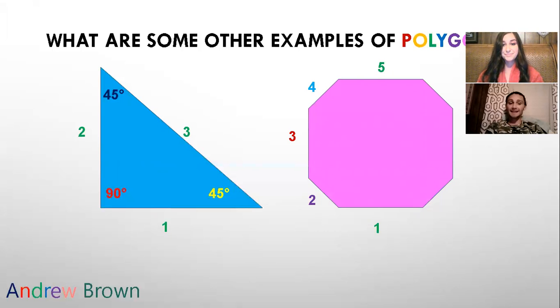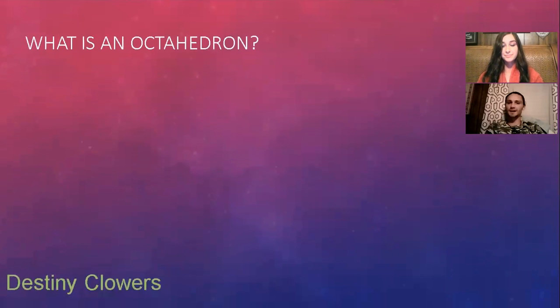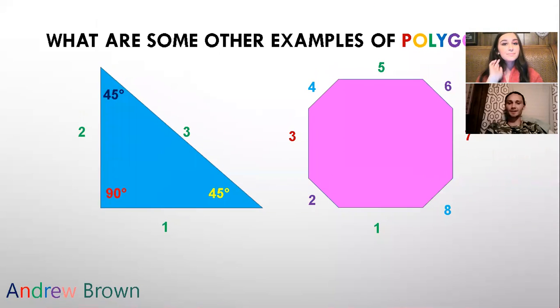We have 8 straight sides and 8 different angles. Some other examples are squares, pentagons, hexagons, concave octagons, and the list could go on and on. So those are some other examples of different polygons.